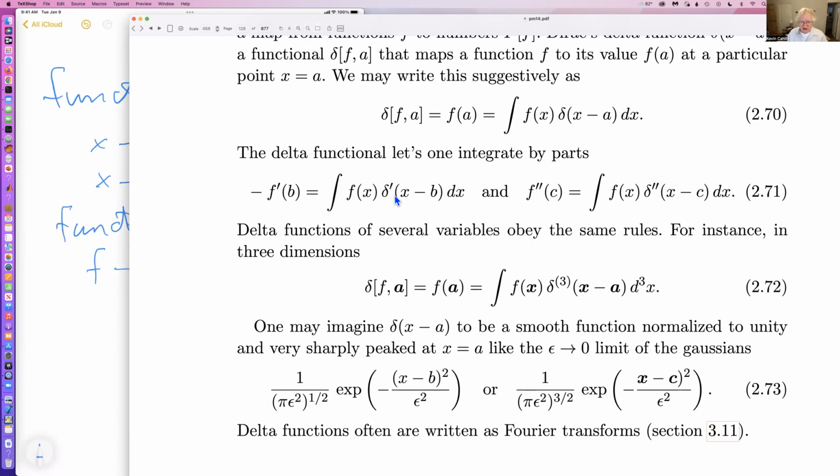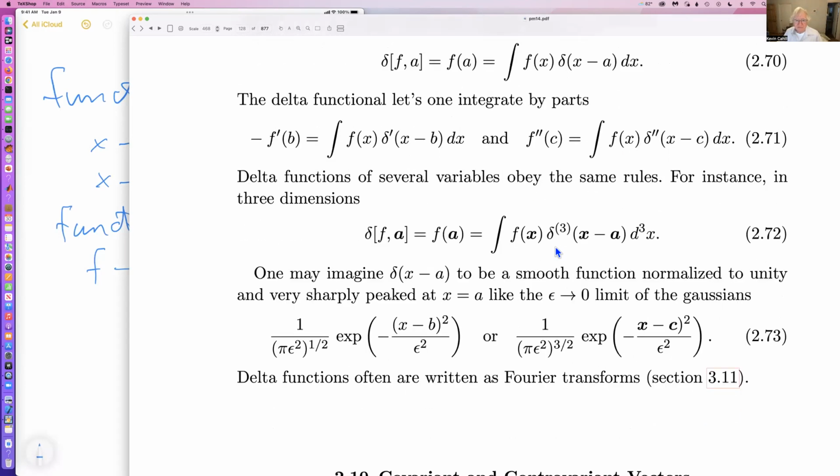So the integral of f of x delta prime of x minus b is minus the integral of f prime times delta of x minus b, which gives us minus f prime of b. And delta double prime of x minus c gives us f double prime at c.